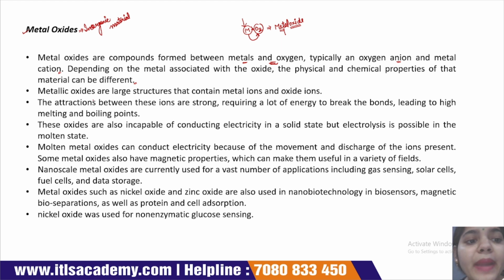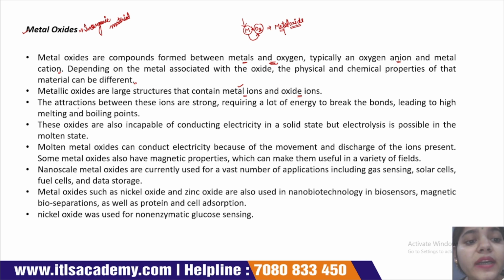Metallic oxides are large structures that contain metal ions and oxide ions. Why will it contain metal and oxygen? Because metal oxide is made up of metal and oxygen.